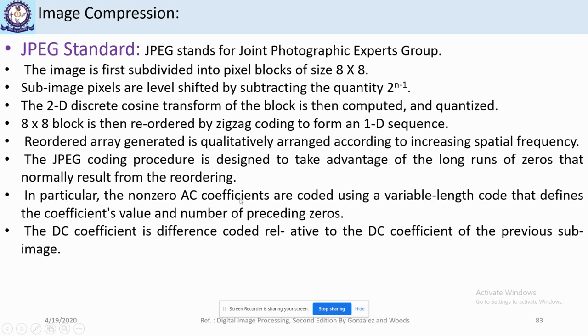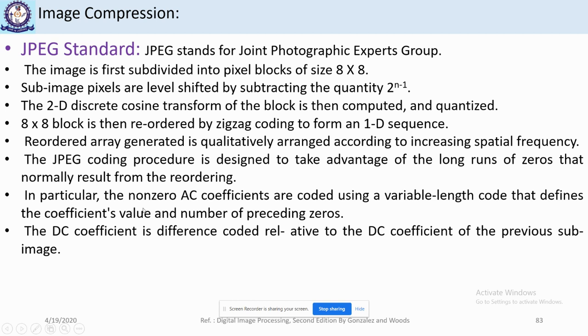Okay. Then the JPEG coding procedure is designed to take advantage of long runs of zeros that normally result from reordering. After reordering, in the 1D array we will see that many zeros appear in between the AC coefficients, and the coefficients corresponding to high frequency will mostly be zero values. In particular, non-zero AC coefficients are coded using a variable length code that defines the coefficient's value and the number of preceding zeros.